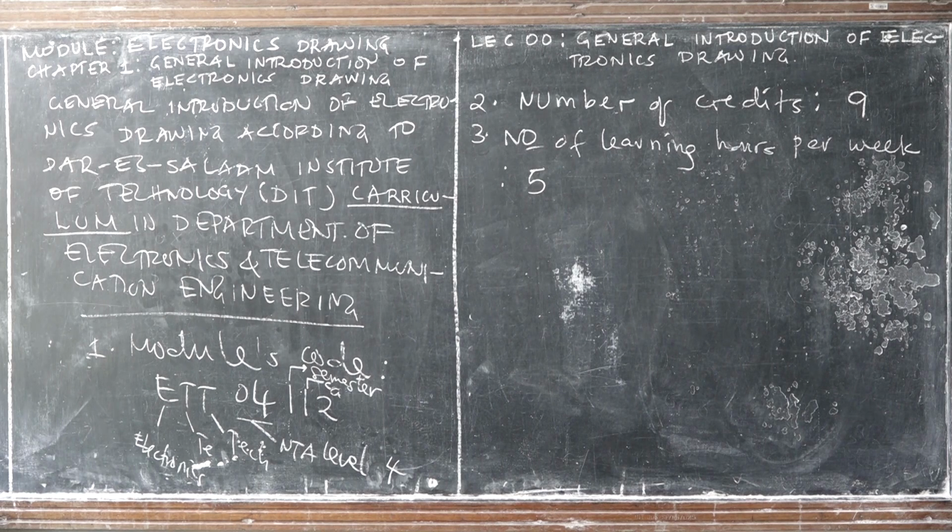How many hours should you spend to learn about electronics drawing? 5 hours. It means you are taught electronics drawing for 5 hours, and you also have to take another 5 hours to review what you have been taught and even learn new concepts. So 5 plus 5 makes 10. In the week, this module needs 10 hours from you.